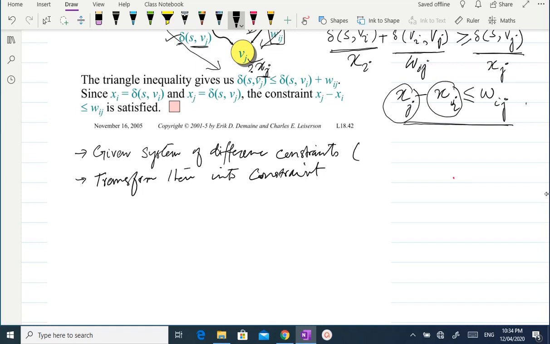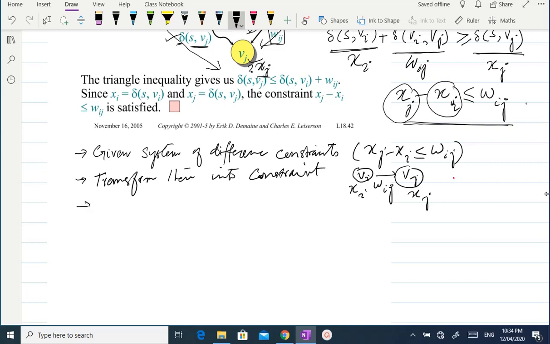These are all in the form xj minus xi less than or equal to wij. You have to transform into Vi to Vj with wij on it. The value stored on Vi is xi, and the value stored on Vj is xj, right? So keep that in mind.